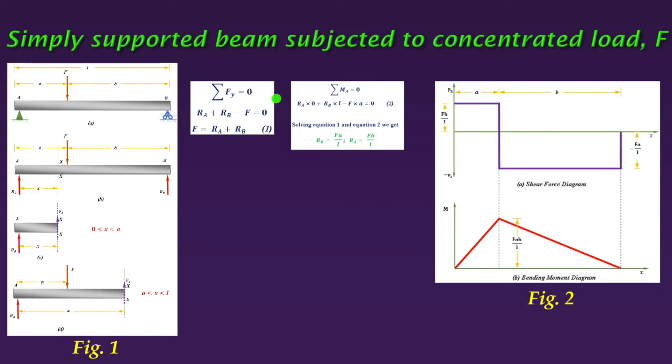So the total moment is RA into 0 plus RB into L minus FA, that equals 0. Now solving equations 1 and 2, we get the values of RA and RB in terms of F, A, B and L. So RB equals FA by L, RA equals FB by L. So these are the values of the reactions.